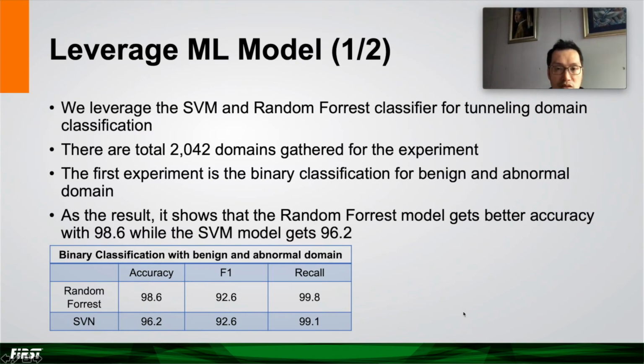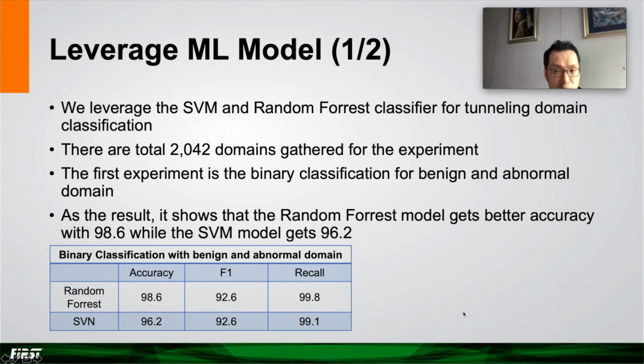So with the features we extracted from the earlier model, we leverage machine learning models such as the SVM and the random forest classifier for the tunnel domain classification. There are a total of 2,042 domains gathered for the experiment.